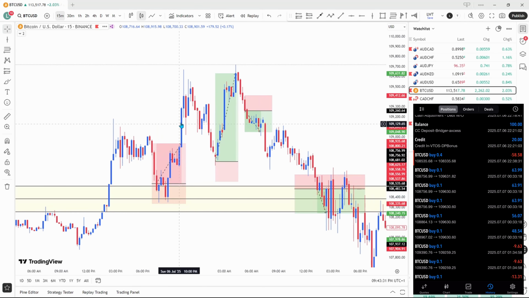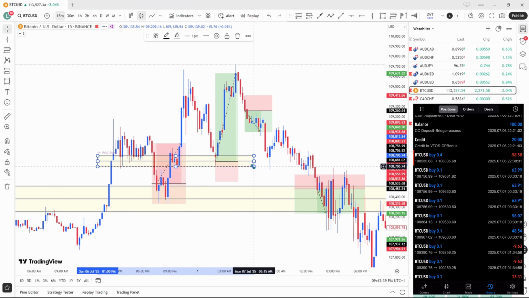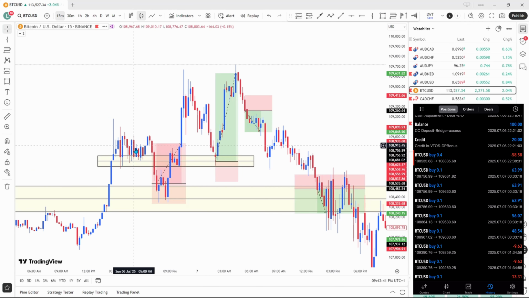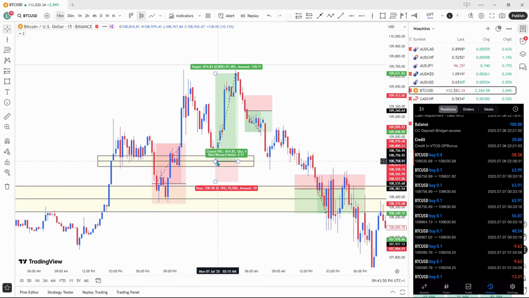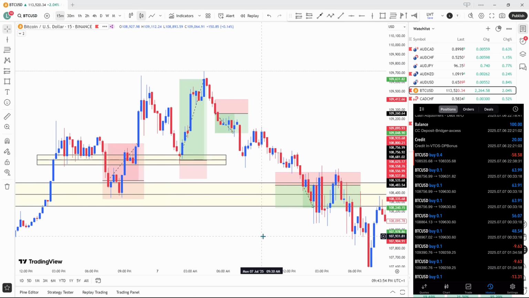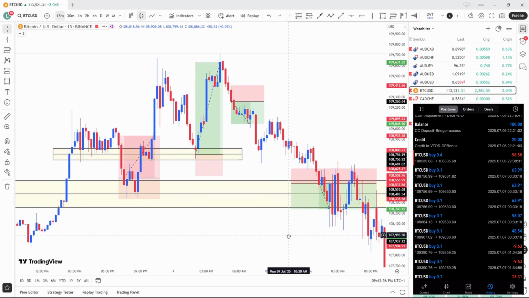Moving on to the next one. At this point, it came all the way back down, and let me draw it up actually so you can see it. Around this area, we can see that it's rejected, it pushed through, came back up, and then it consolidated in this zone, pushed up, came down. As soon as that tapped in, I'll be honest, I absolutely spammed my account.